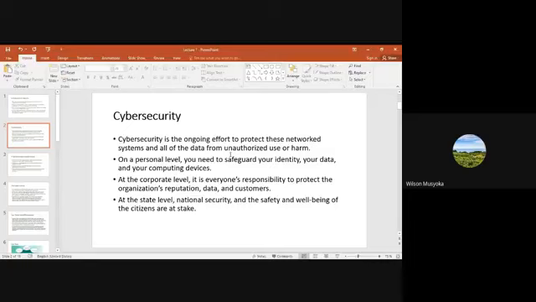The data is already exposed, so confidentiality has been compromised, as well as customers lose faith with the organization. At the state level, national security and the safety and well-being of the citizens are at stake. So that also has to be protected.